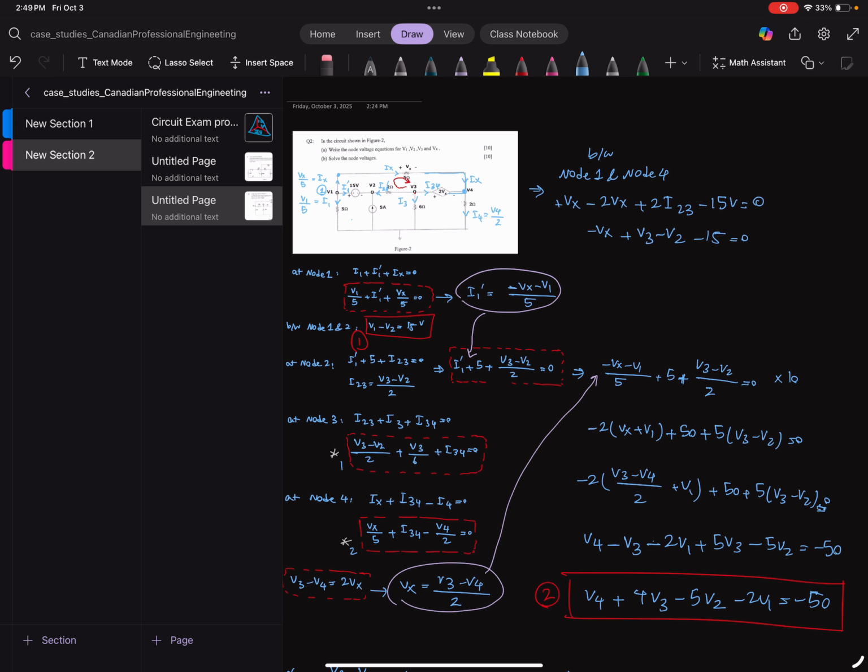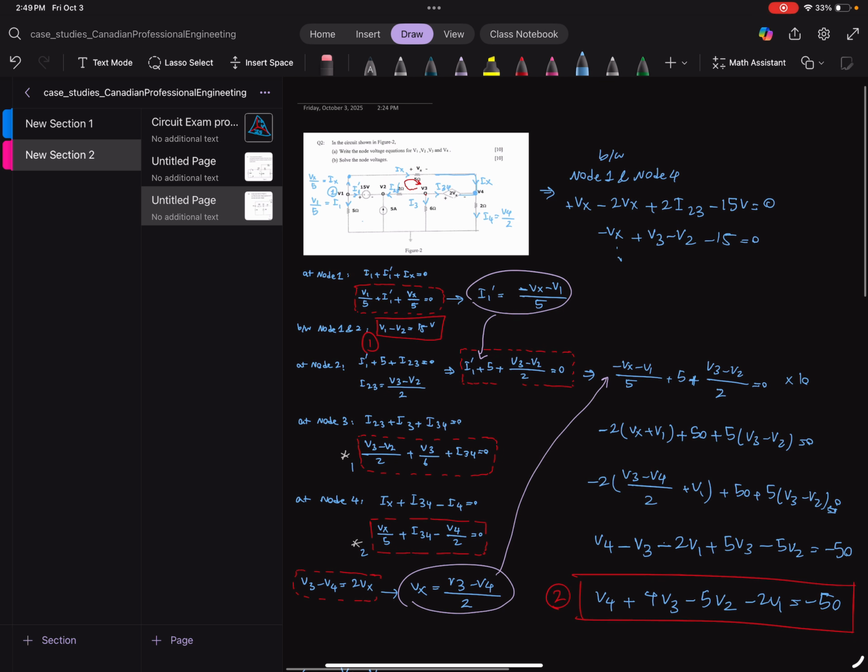And Vx is basically V3 minus V4 over 2. So again, we are replacing it here. Remember this one? We are putting it here as well. V3 minus V4 over 2, there's a minus here, so this becomes like this. V3 minus V2 minus 15 volt is 0.